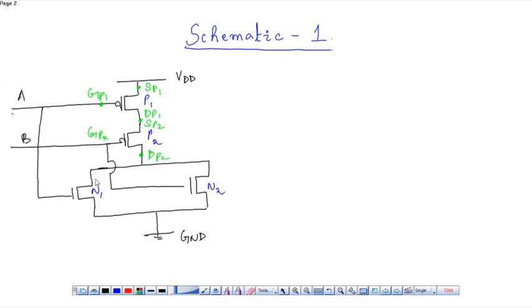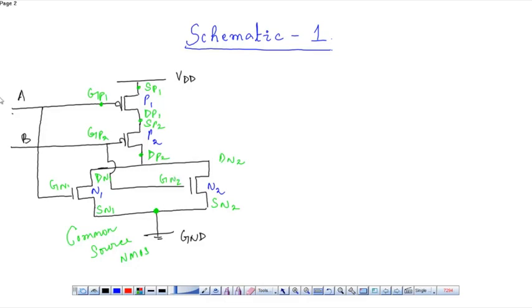Now if this is drain, this is source of N1, gate of N1, and this is drain of N1, this is gate of N2, drain of N2, and this is source of N2. So here we get a common source of NMOS. Earlier we got a common drain for PMOS.